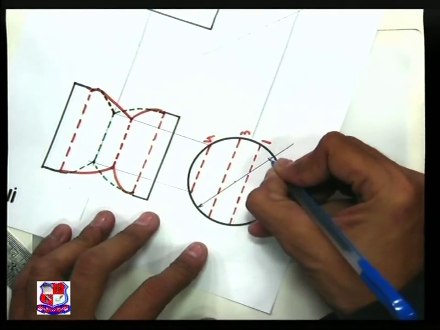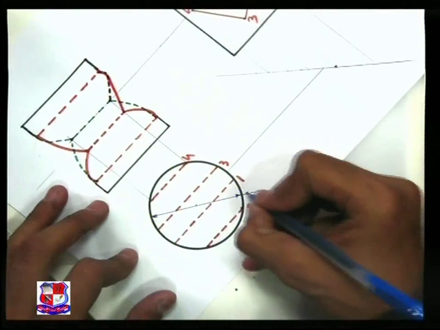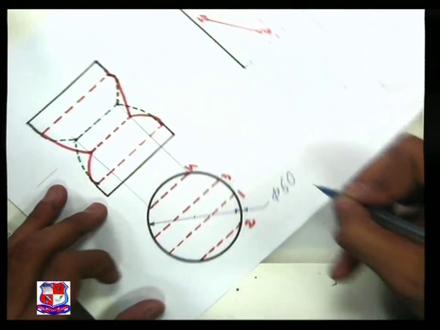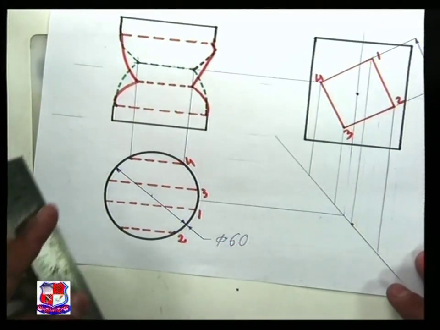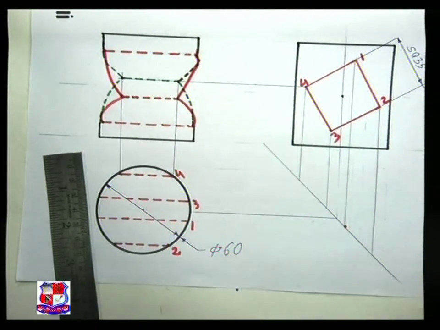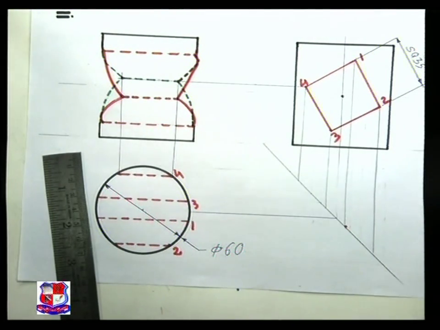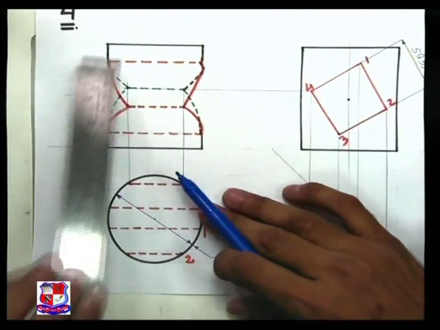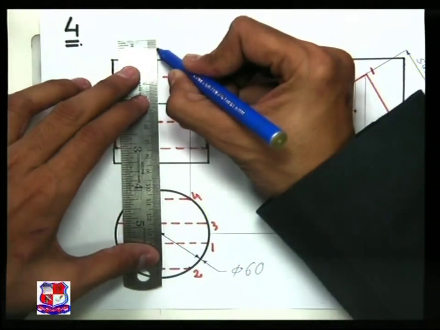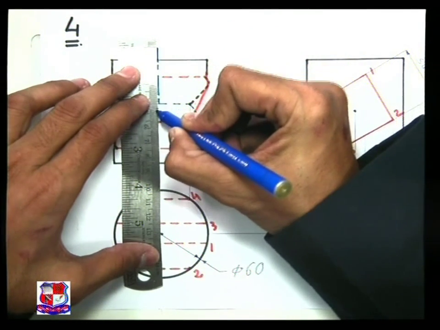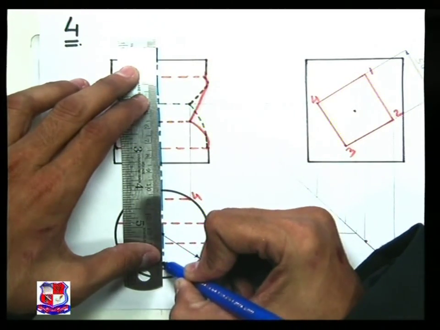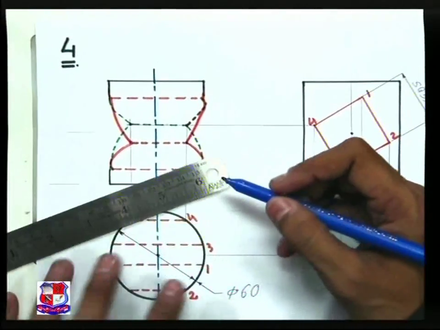This is the cylinder having a diameter, and diameter is to be represented by phi. It's a diameter of 60 millimeter, and here 1:1 scale is used, so no need to write the scale. Then the last step is to represent the axis of this solid. It's compulsory to represent the axis of the solid, so let me represent the axis of this cylinder by drawing a center line at the middle, which passes through the center of the circle in the top view, this one.